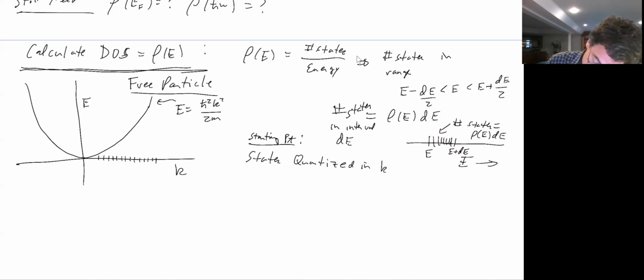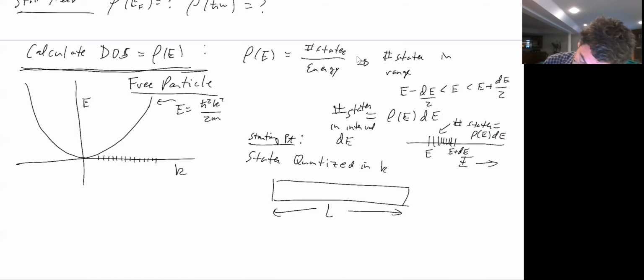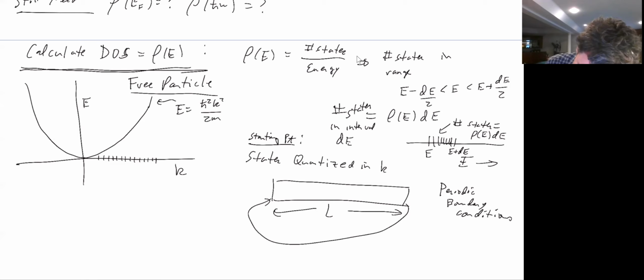It's really simple to see, because if I have a box of length L, then I need periodic boundary conditions. In order to describe what's happening mathematically, it's convenient to have periodic boundary conditions. So we always like to connect the ends of our box. And that means that we need an integral number of wavelengths in the box.